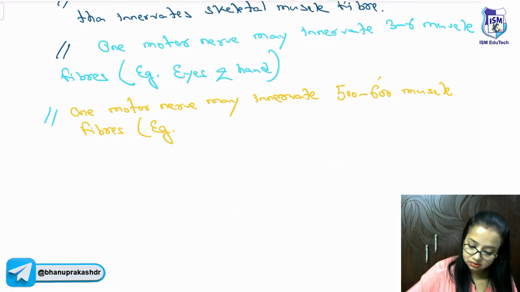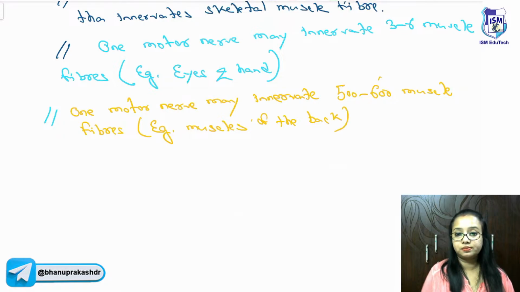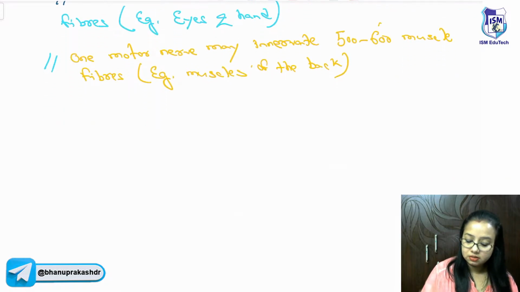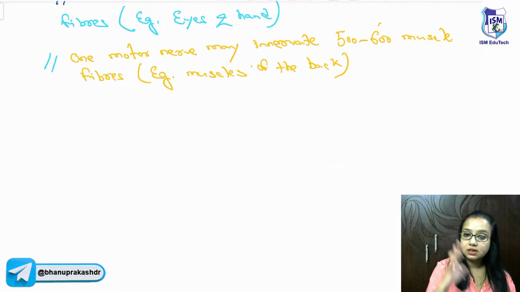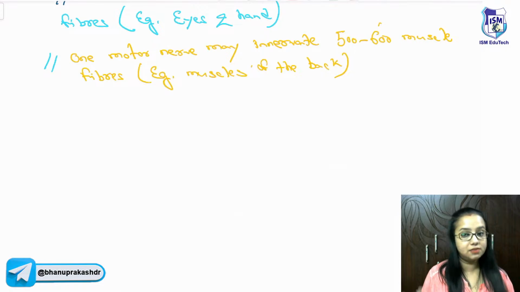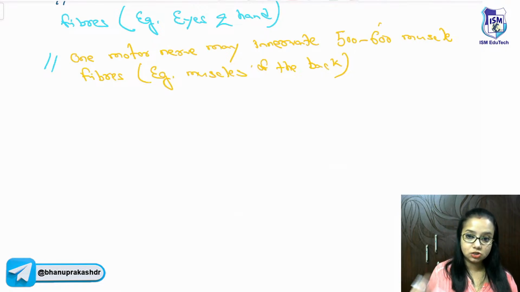Example, muscles of the back. Okay. So, motor unit means one single motor neuron, alpha motor neuron, that is going and innervating however many skeletal muscle fibers it can. So each one is a motor unit.